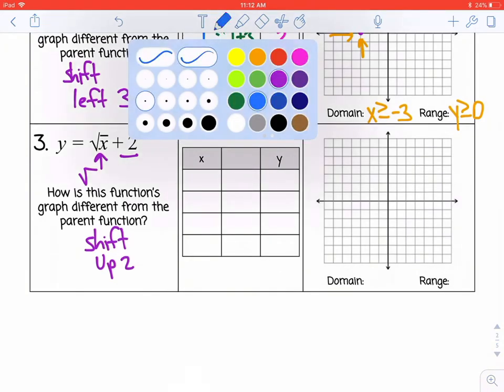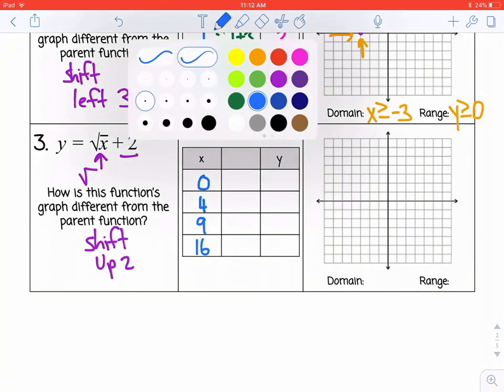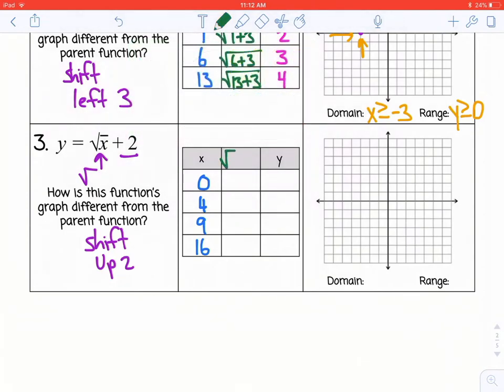Let's pick out some points that make it easy for us to fill in. So I'm going to pick 0, 4, 9, and 16. And then let's plug those into the square root of x plus 2. So that'll be the square root of 0 plus 2, the square root of 4 plus 2, the square root of 9 plus 2, and the square root of 16 plus 2.